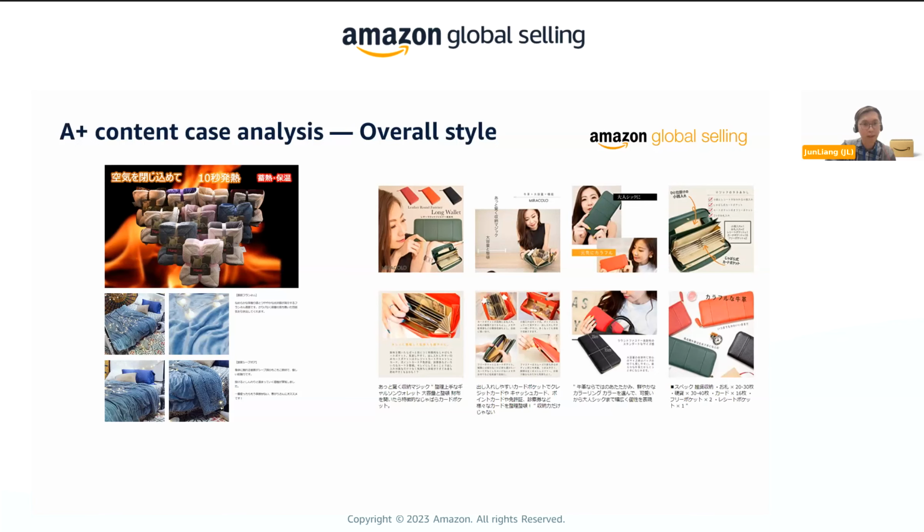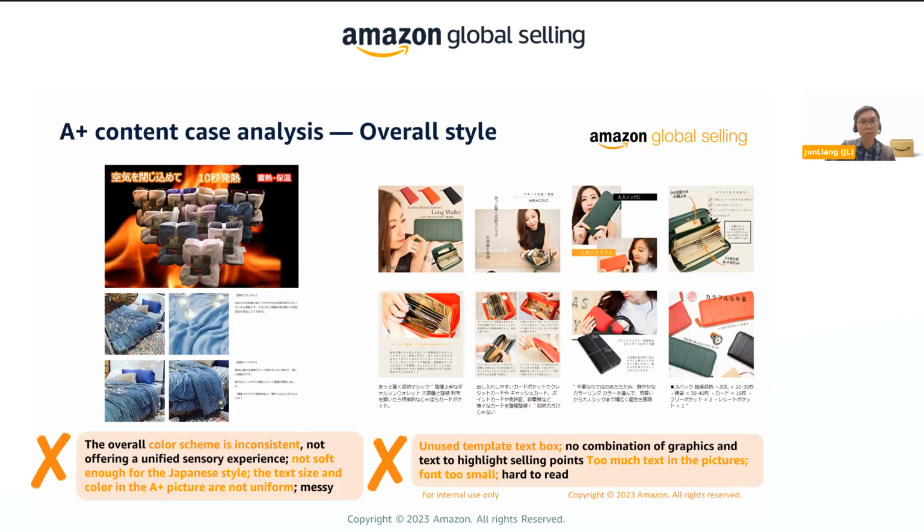There's nice images, etc. There are product features popping up. But of course, there are still ways to improve it. On the first one on the left, we do see that the color scheme is inconsistent. It's a reddish black theme above, and then the product below is a little bit white bluish. There's no unified experience, I would say.